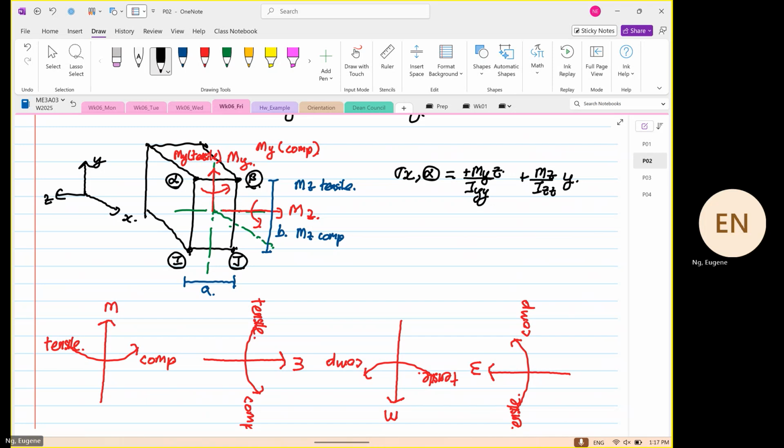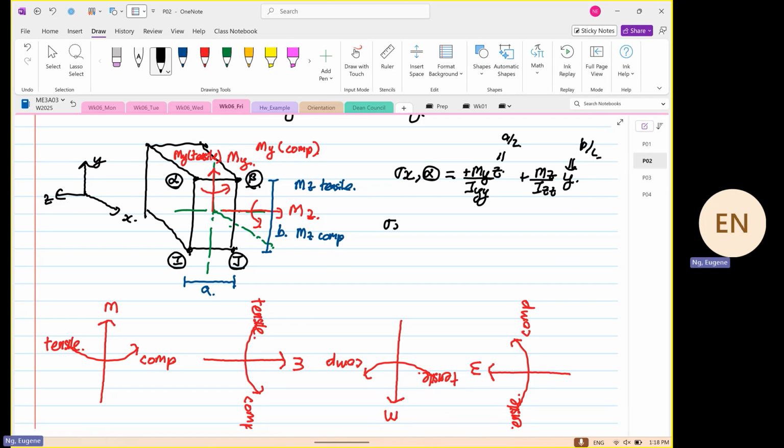Okay. Then if now we were to change, now we know that this is equal to b over 2. Y, no, x is not b over 2. X is equal to a over 2. And this is b over 2.